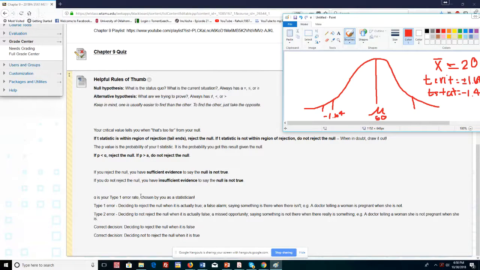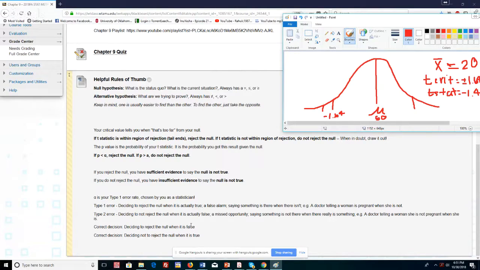It's known as a false alarm, or saying something is there when there really isn't something there. For example, a doctor telling a woman she is pregnant when she is not would be a type 1 error. Type 2 error, on the other hand, is deciding not to reject the null when it is actually false. So it's a missed opportunity, or saying something is not there when it actually is there, or a doctor telling a woman she is not pregnant when she really is.